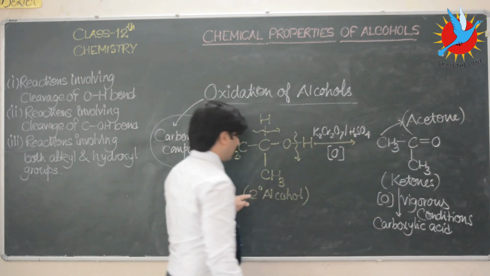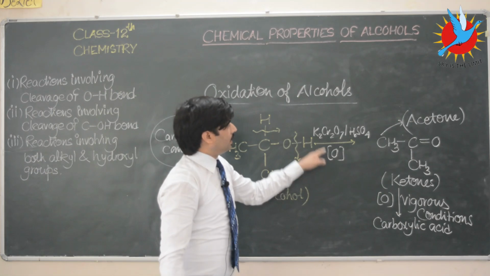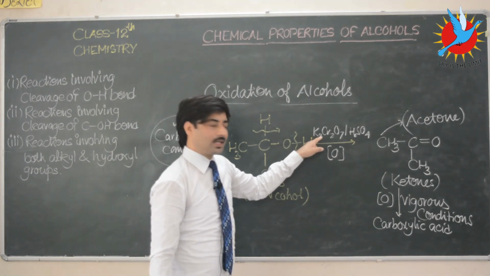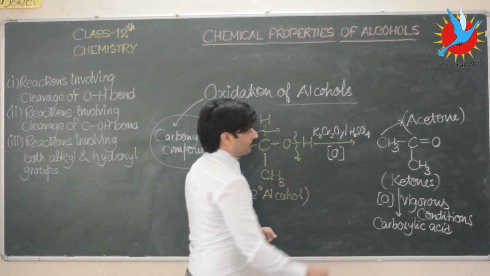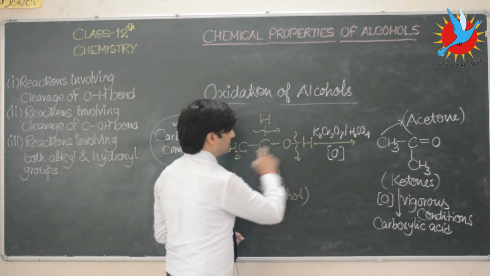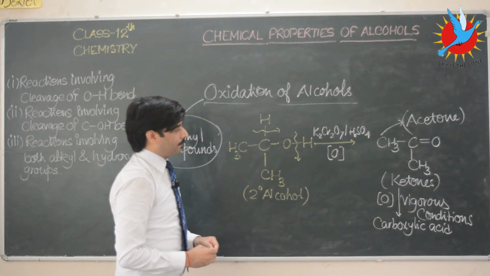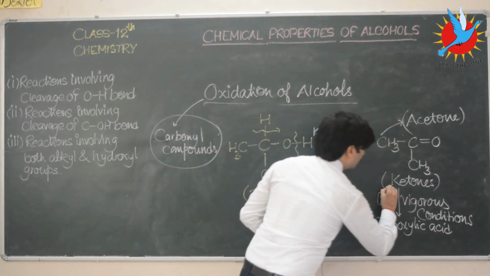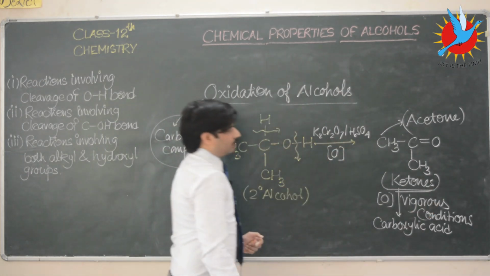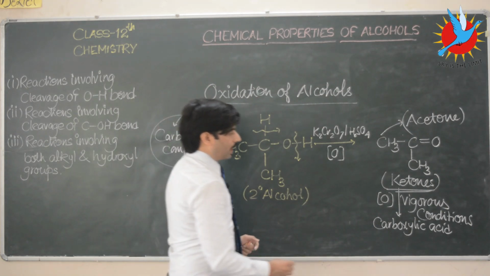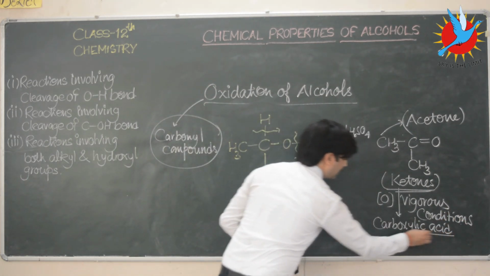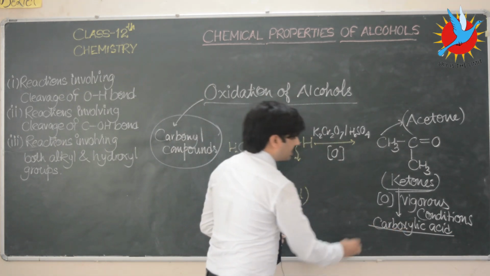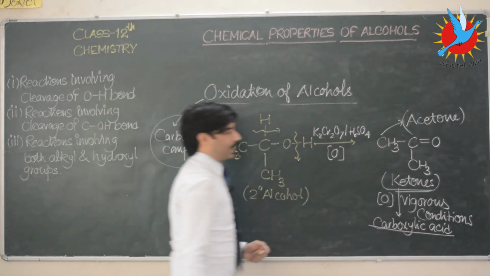So secondary alcohol upon oxidation with acidified K2Cr2O7 will form the corresponding ketone having the same number of carbon atoms, and ketones undergo further oxidation only under vigorous condition, forming carboxylic acid having fewer carbon atoms than the parent ketone or parent alcohol.